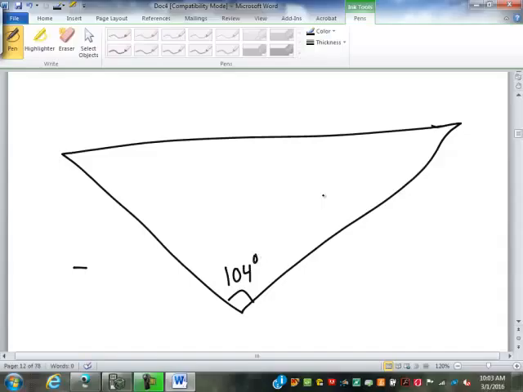Not necessarily, no. It could be anything. Find that angle for me. I will warn you, this is not drawn to scale.